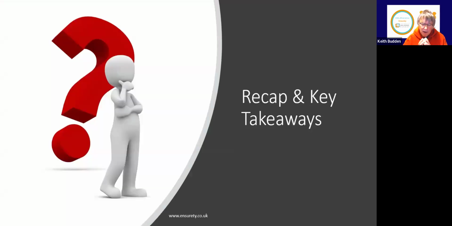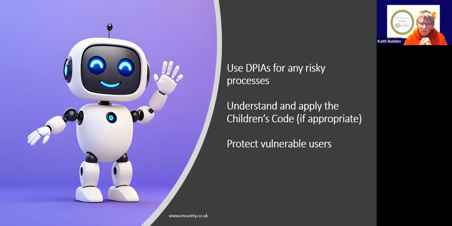So, recap and key takeaways then for session 4. DPIAs help manage risk proactively, and the Children's Code reminds us to consider the needs of children by default. So, always look at the process.